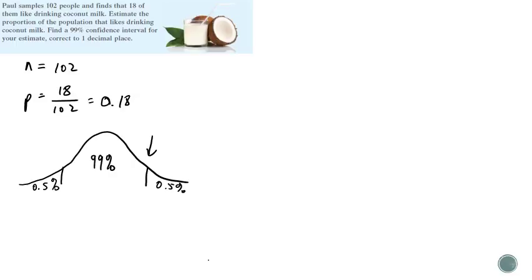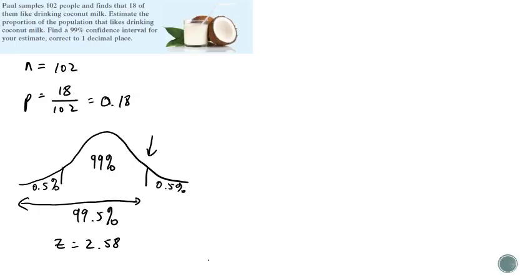So if you want to stop at this end, from the left to the right, that would then make 99.5%. If you use the inverse normal, you can find where this point is, which then gives you z equals 2.58.